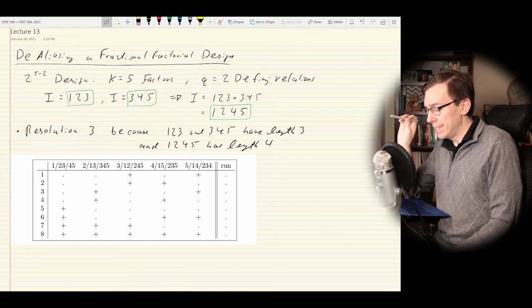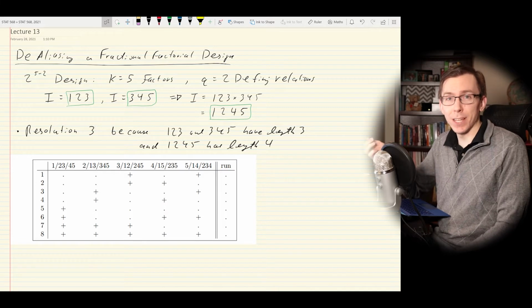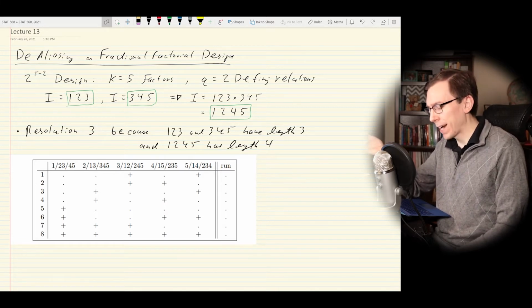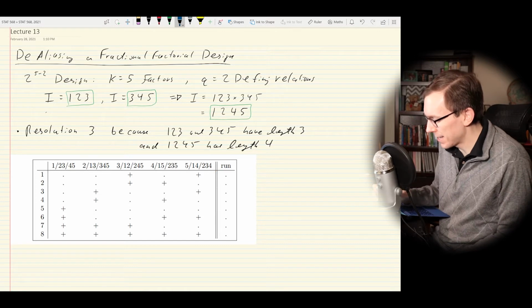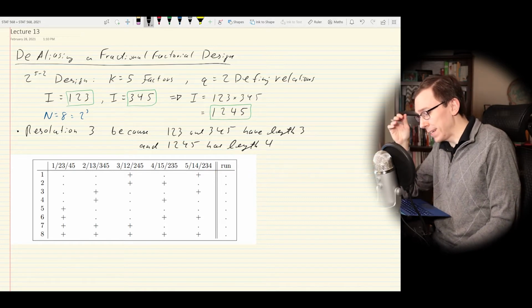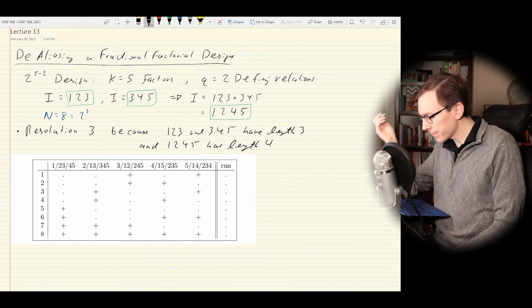Again, the data size is only 8 observations compared to the 32 that we would have for a 2 to the 5 full factorial design. So again, that's another maybe noteworthy thing to put in here, is that n is equal to 8 is equal to 2 to the 3. So that's quite nice. It means that we have a much smaller sample size that we need to collect.